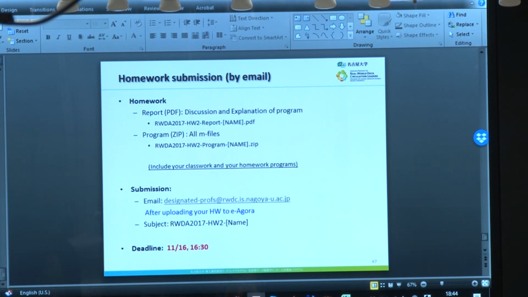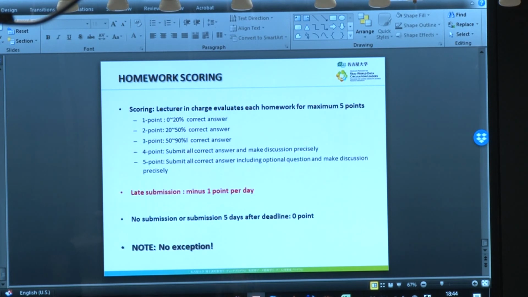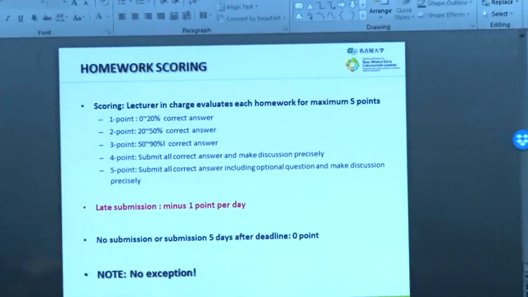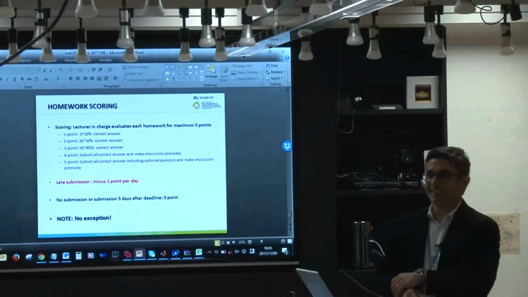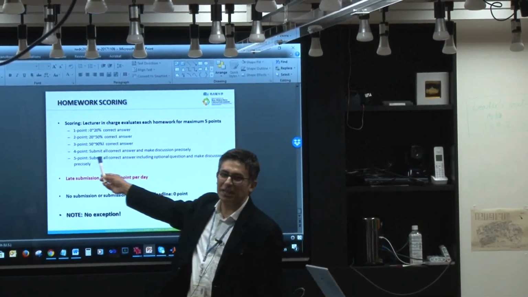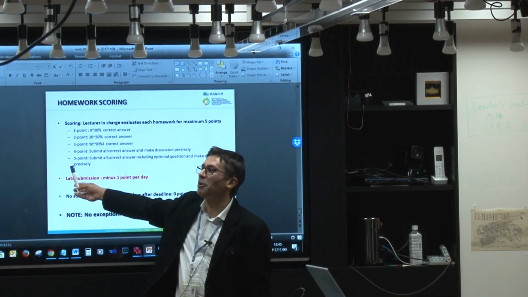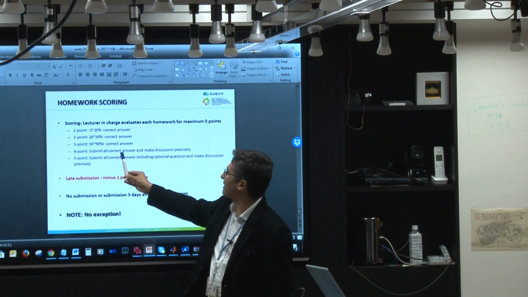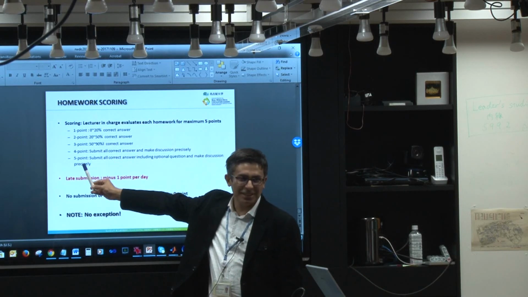So any questions? And this is the requirement for the homework. It's maybe very unfair. If you answer everything completely correctly, you don't get full points. You get only 4 points. So all correct is 4 points.